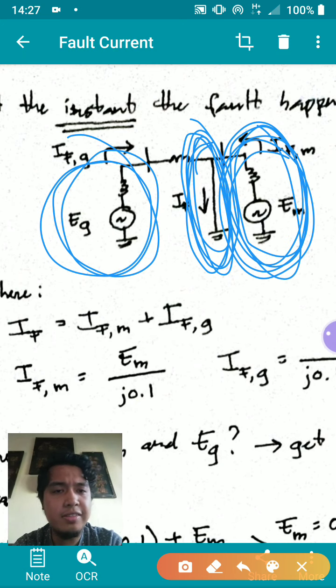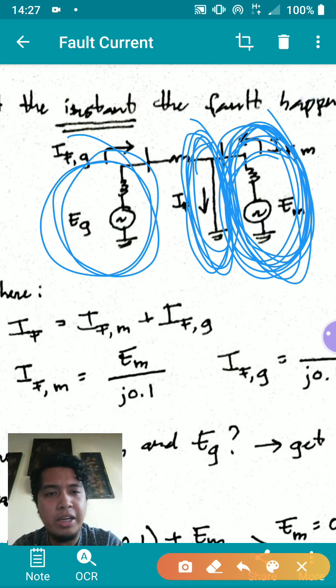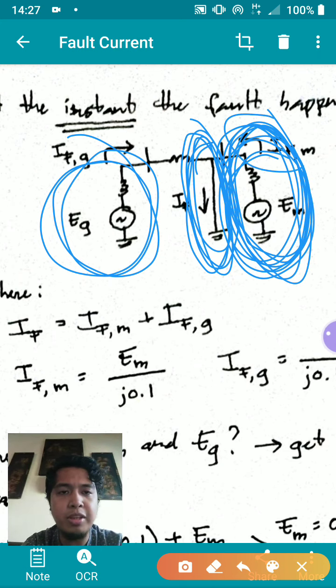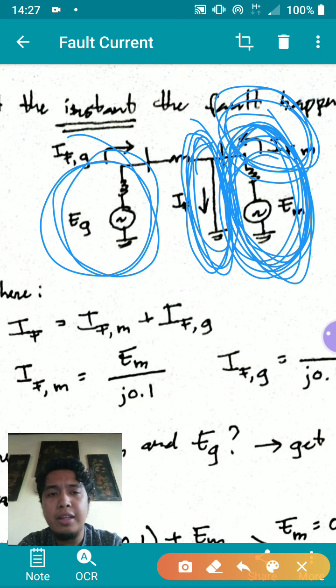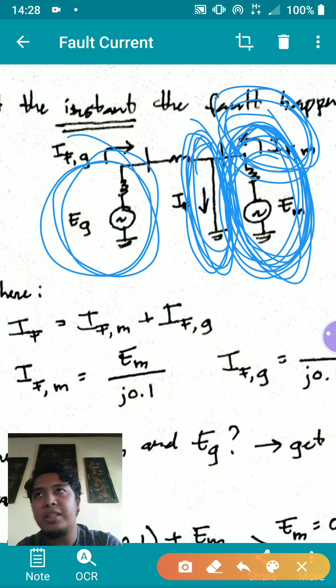Of course, this motor will eventually stop contributing power, this IFM, because if it's receiving no power, eventually the rotor will stop rotating and it will stop contributing to the fault. But at the very instant that the fault happens, it will act as a generator.